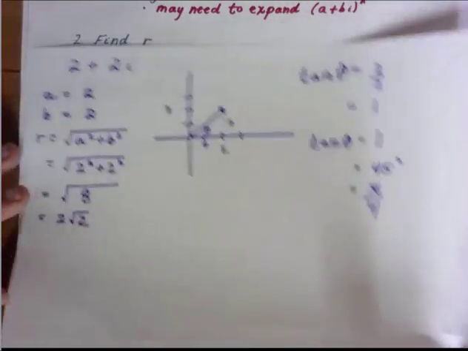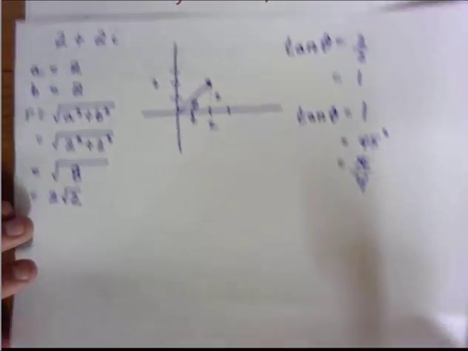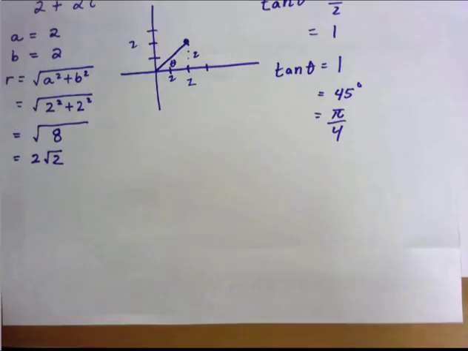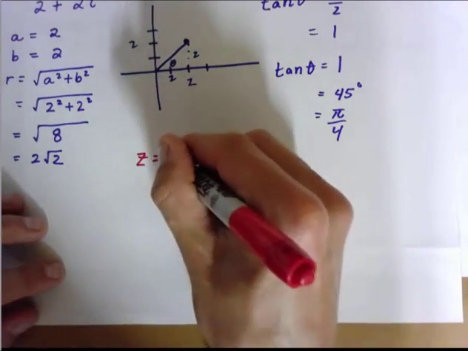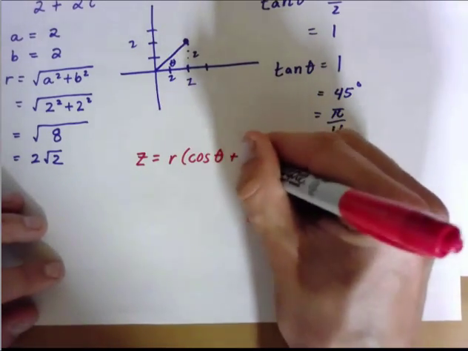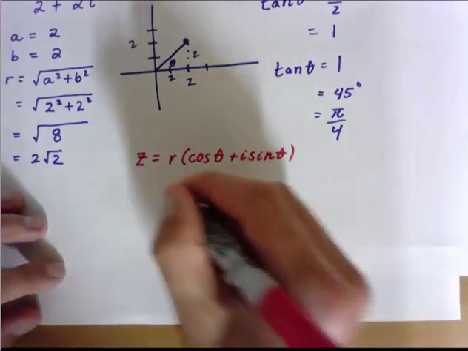Now we have theta. Now we fill in the formula. Let's rewrite this: z is equal to r times cosine of theta plus i sine of theta. Now we substitute.